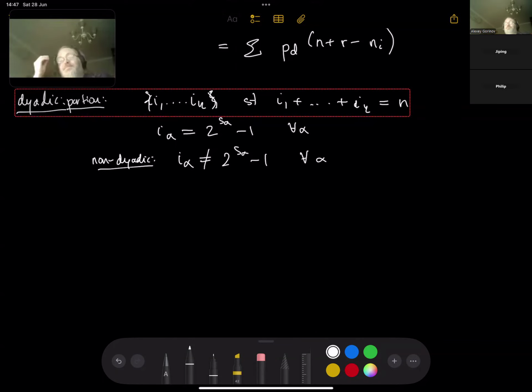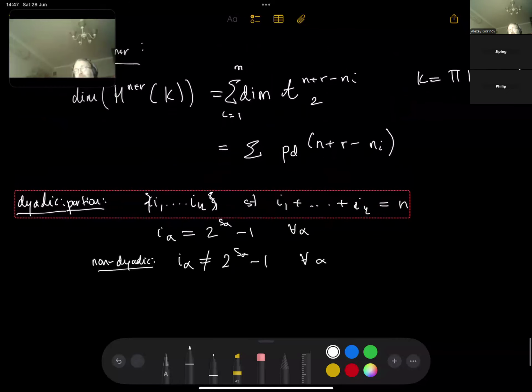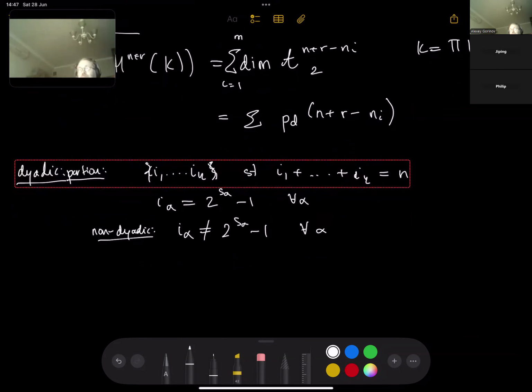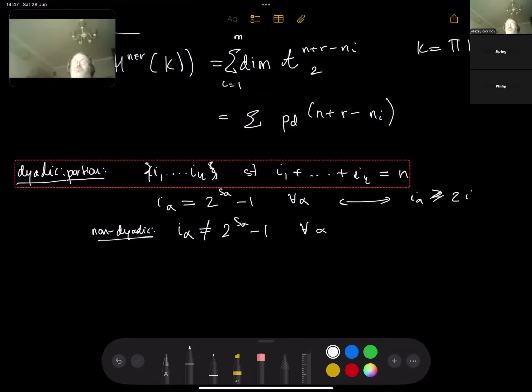Nonetheless, they have some nice properties, and they're directly related to the partitions that index the Steenrod basis, because a dyadic partition is precisely the condition i_alpha is greater or equal to 2 i_{alpha+1} minus 1.